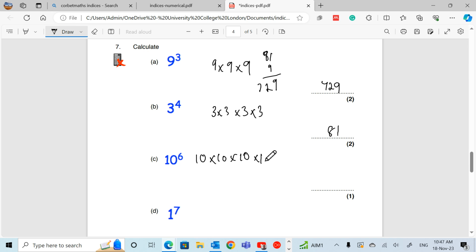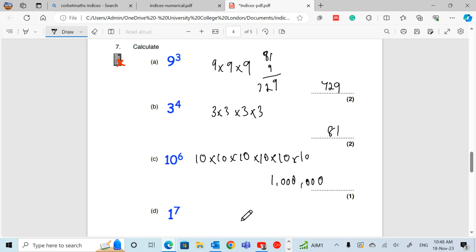It's 10 multiplied by itself 6 times. So that's 10 times 10, and so on, to the power of 6. So how many zeros do we have? We have 6 zeros. 1, 2, 3, 4, 5, 6. So it must be a 1 and 6 zeros, which we know is 1 million.